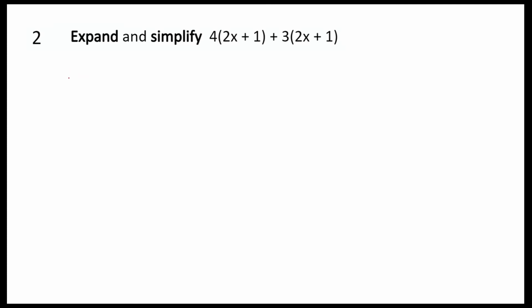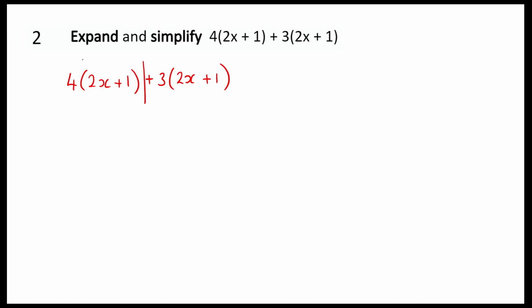So we have 4 lots of 2x plus 1, and we want to add to that 3 lots of 2x plus 1. Now, first of all, if I split the question down this line here, hopefully you can see that on the left side we have a single bracket that we can expand, and we also have a single bracket on the right hand side that we can expand as well.